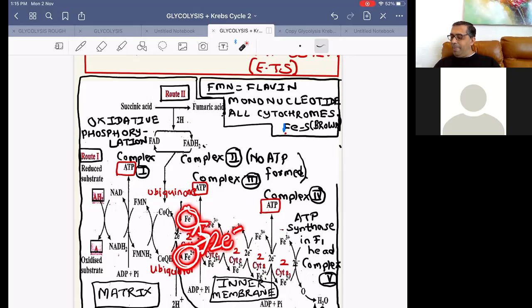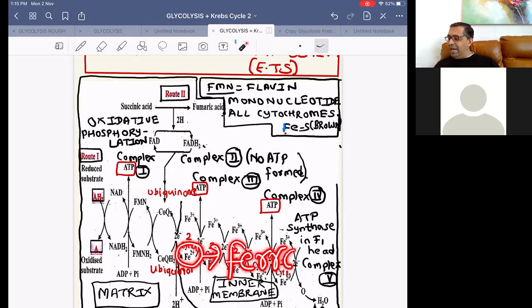What was Fe double plus if you remember? Fe double plus was ferrous. And ferrous gives away electron and gets oxidized back to ferric state.